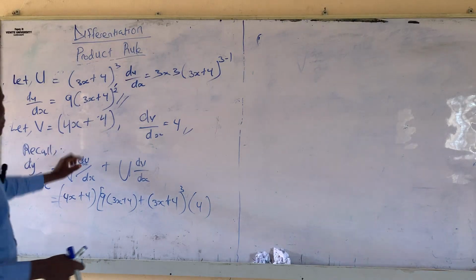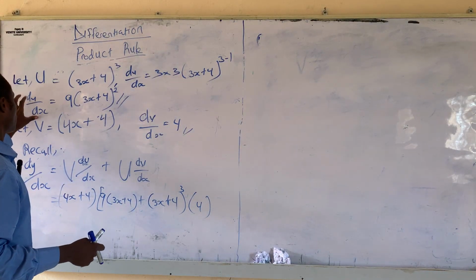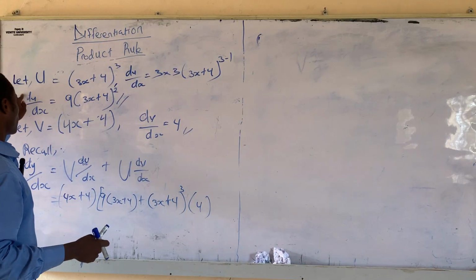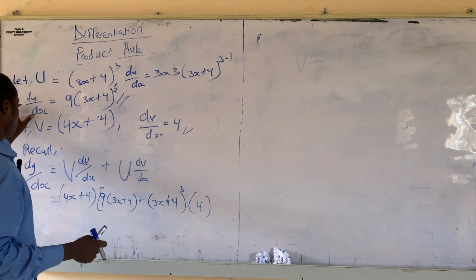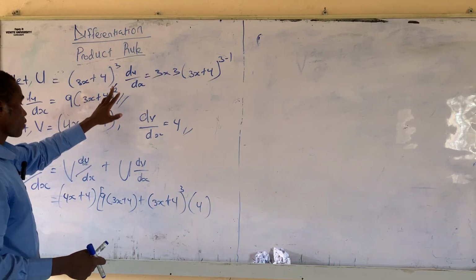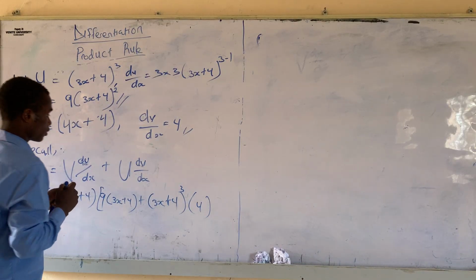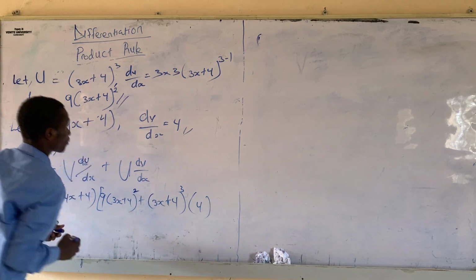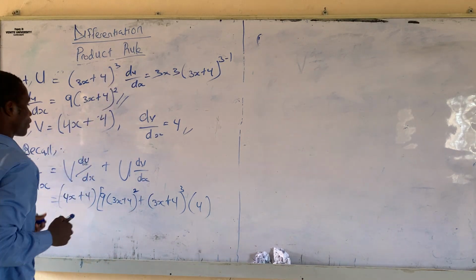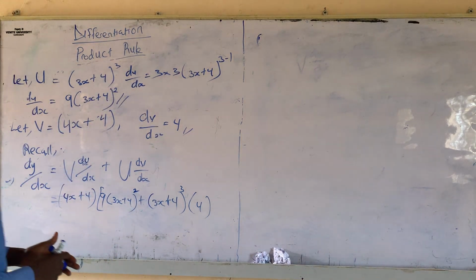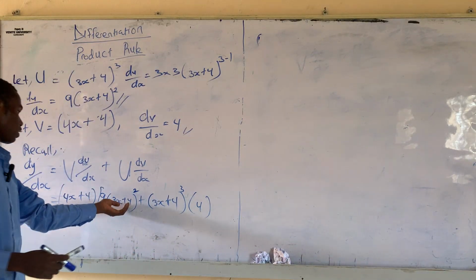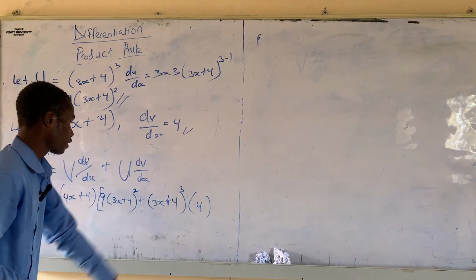We have our du over dx. Our du here is 9 times 3x plus 4 raised to power 2. Oh, sorry, it should be 3x plus 4 raised to power 2 here. The common factor here is 3x plus 4 raised to power 2.